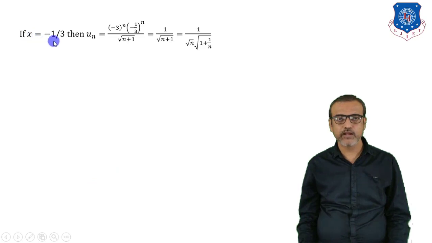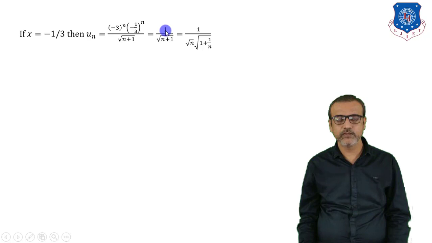If x equals minus 1 upon 3, then u_n equals (minus 3) raised to n, replacing x by minus 1 upon 3, so it is (minus 1 upon 3) the whole raised to n upon square root of n plus 1. Now (minus 3) raised to n and (minus 3) raised to n will cancel out.